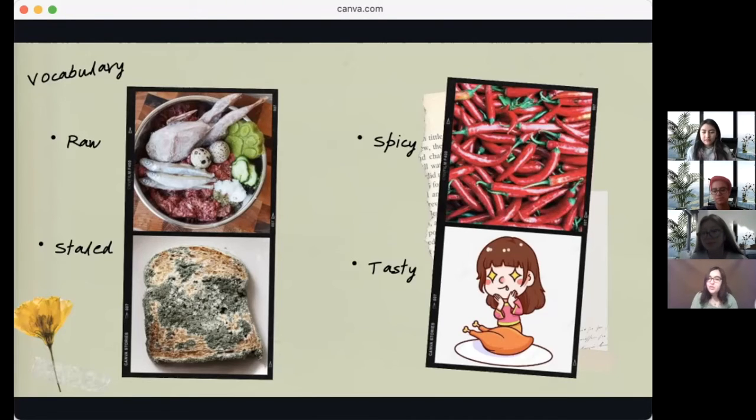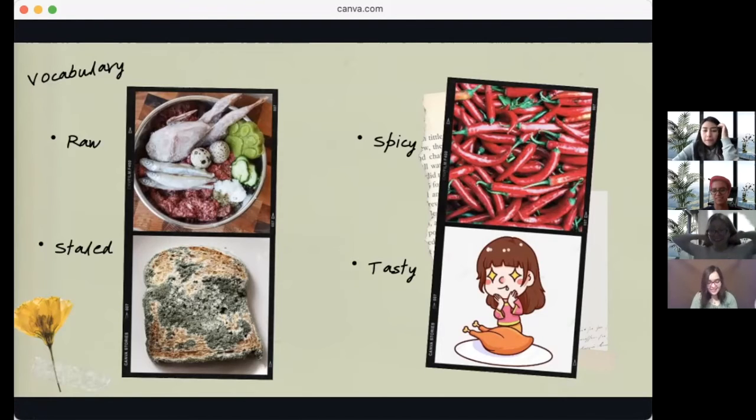Does someone know what spicy means? Especially the Mexican people. Exactly. It's a delicious flavor and at the same time you feel hot. You feel hot inside your body. Exactly. That is spicy.